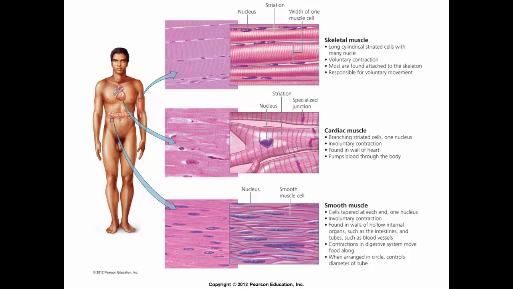The cardiac muscle has branching striated cells that have a single nucleus. It's involuntary, found in the wall of the heart. And these have specialized junctions. They have gap junctions we'll talk about in a moment. Smooth muscle is found in walls of internal organs and blood vessels.